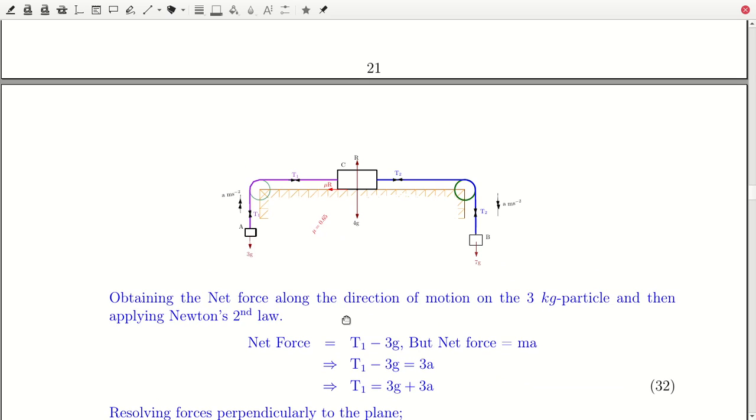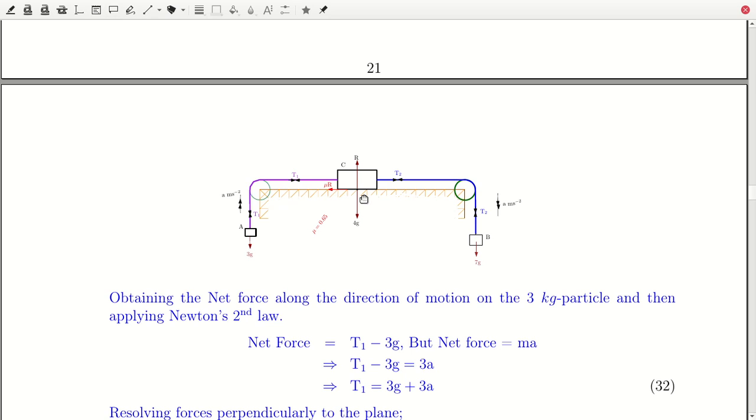We do the same to the 4 kilogram particle. But here, this particle will move but will experience a frictional force which will reduce, or drag, its motion. So what we shall do is first of all get the value of R, which we can get using Newton's third law, which says action and reaction are equal.